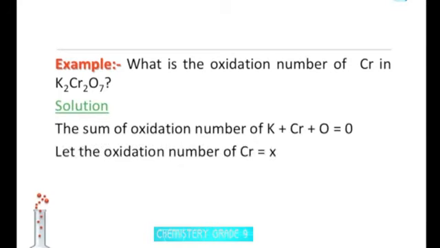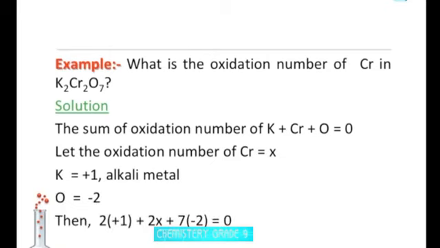So let's solve for X. Potassium is an alkali metal, so as said on the last slide, it has to be +1. We know that oxygen is -2. So we can solve for X, and we find that it has an oxidation number of +6.